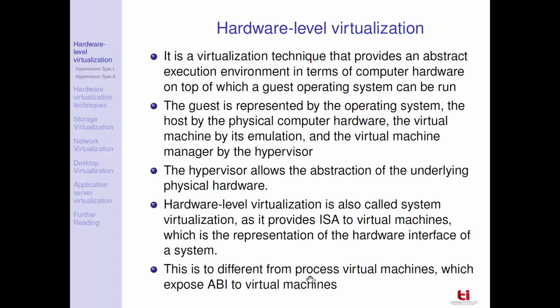This is different from process virtual machines, which expose ABI interface to virtual machines. So if you say we are exposing ISA, that means the hypervisor sits right above the hardware, and if ABI is being exposed to virtual machines, that means the hypervisor is sitting on top of the host operating system.